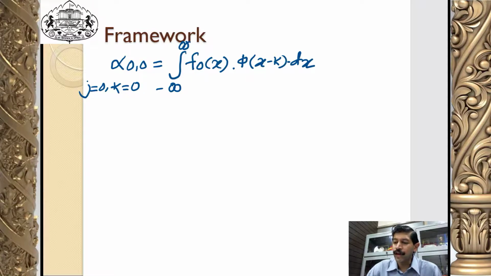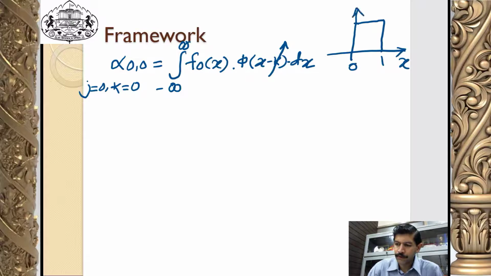But k is also 0, so this also goes away and we are left with phi of x. Now we know how phi of x looks. It has its span from 0 to 1. So this is my phi of x and its value is 1 only between 0 to 1.